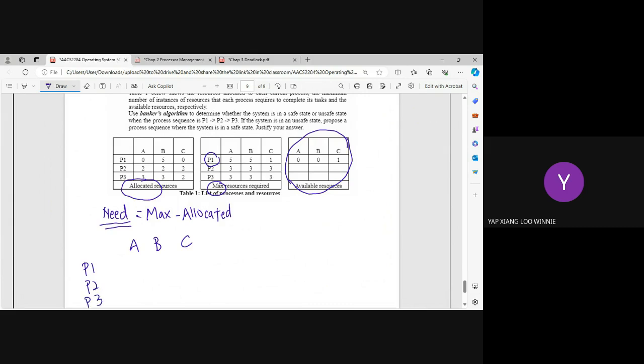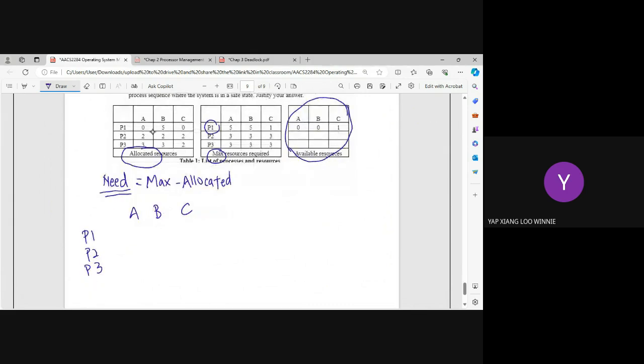Now I try to talk here. For process 1, for me to complete it, I need 5A. But currently the resources that I already gave to process 1 in A is 0, which means process 1 doesn't own any resources of A at all. So the need for process 1 is 5, because I haven't given it any A and it needs 5A.